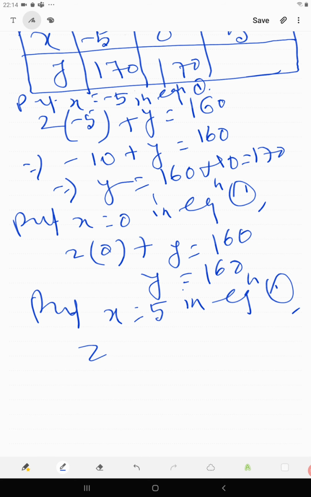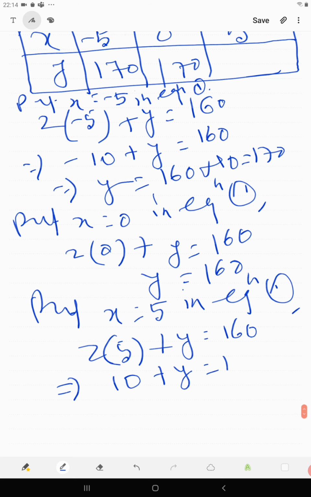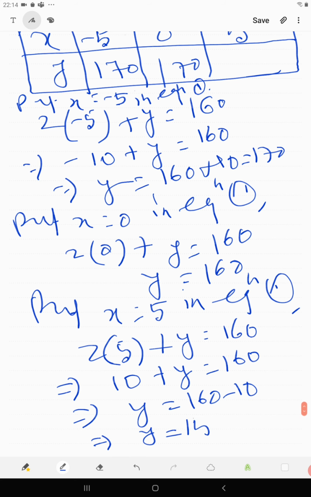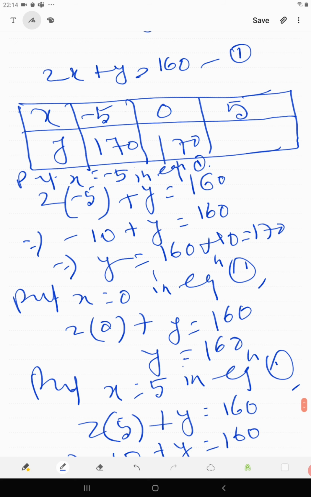So what will we get? 2 into 5 is 10 plus y equals 160. So y equals 160 minus 10, that is y equals 150. Okay, so I got this as, the second one is 160, and this is 150.